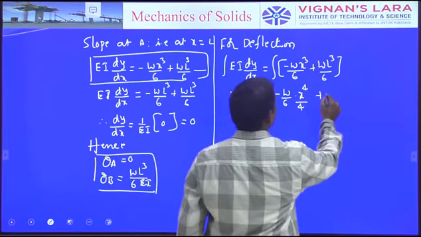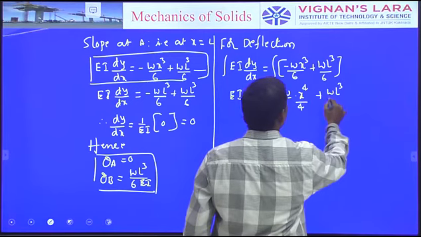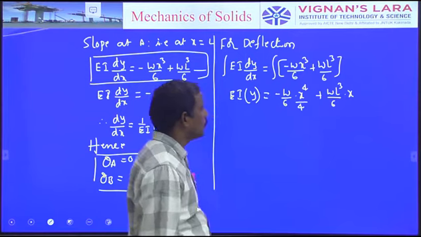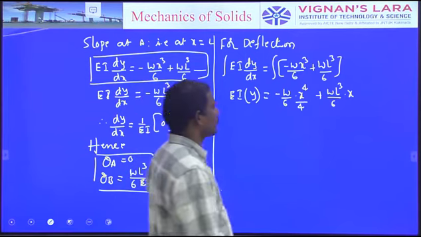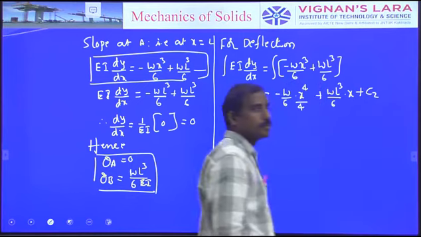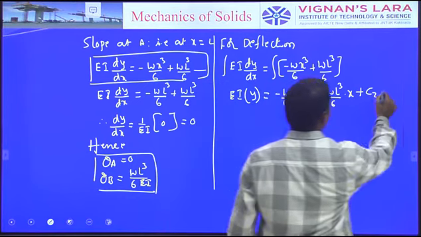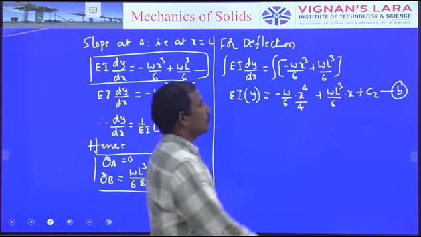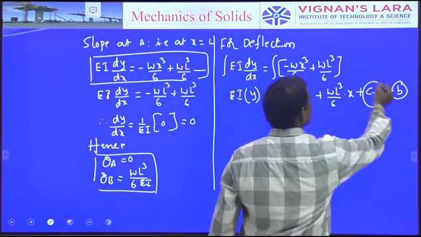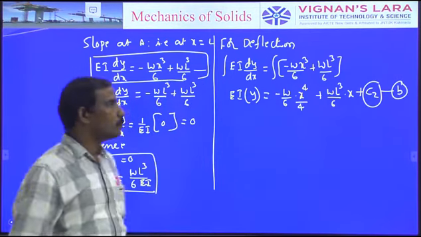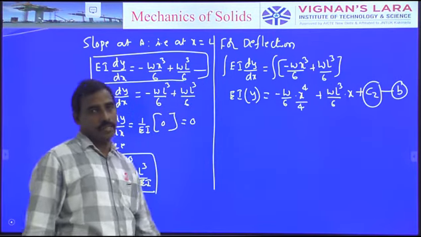plus W L cube by 6 into x, since W L cube is a constant when integrated, and there is a constant C2. Say equation D. Here the constant of integration C2 is obtained by incorporating the boundary conditions.